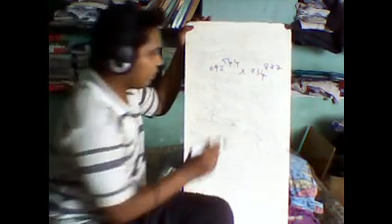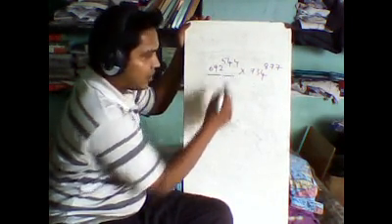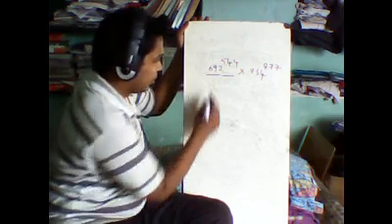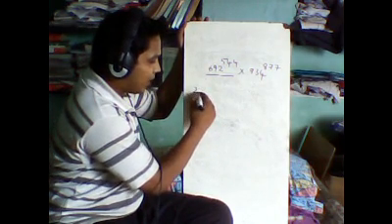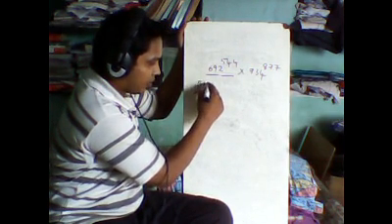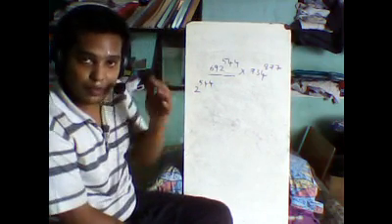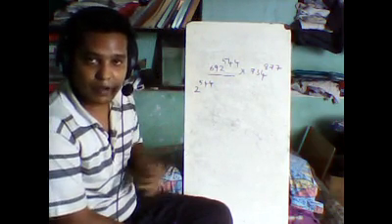We need to first find the last digit of 692 to the power of 544. The last digit of 692 to the power of 544 is the same as the last digit of 2 to the power of 544. How do we find the last digit of 2 to the power of 544?